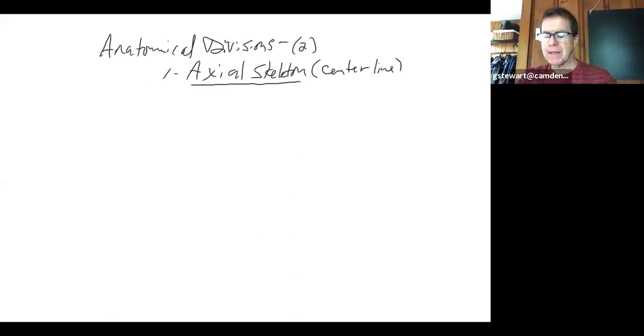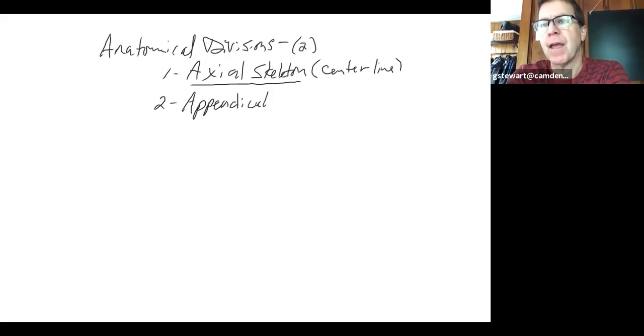So what's contained in the axial skeleton is the skull, the vertebral column, which you and I call the spine. That's sort of slang, but the skull, the vertebral column, and the rib cage. That's what's included in the axial skeleton. The second anatomical division is called the appendicular skeleton, and that is just basically everything else.